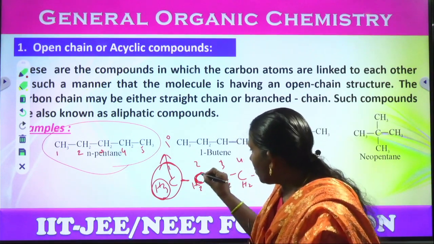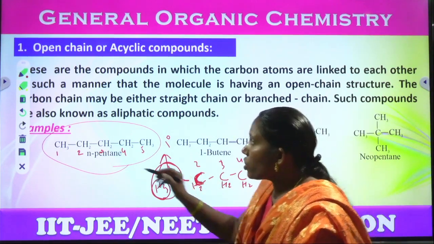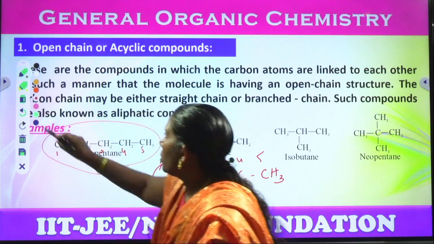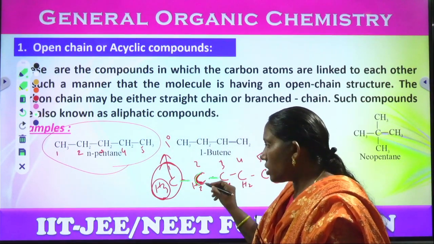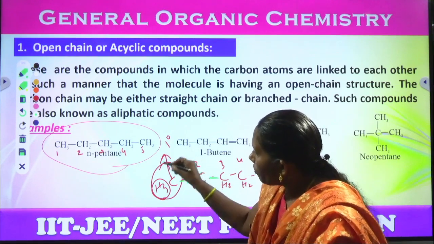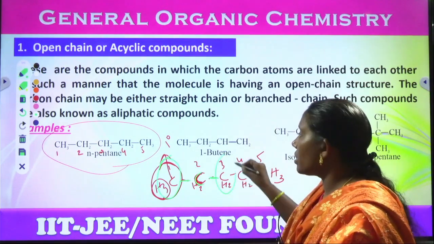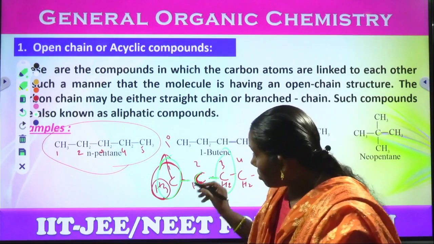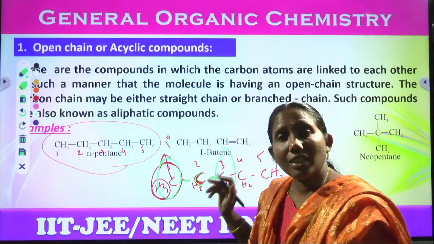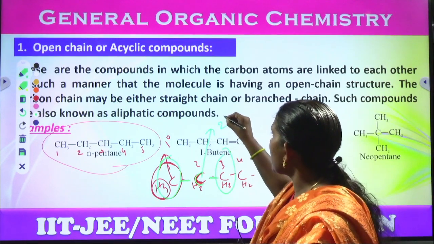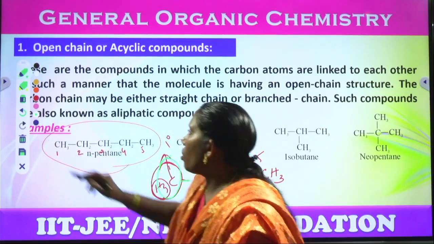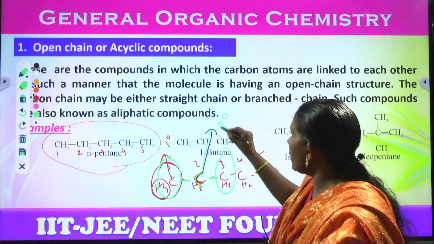This carbon is attached to the first carbon as well as the third carbon, which means one carbon attached to 2 other carbons. Then this carbon is said to be secondary.